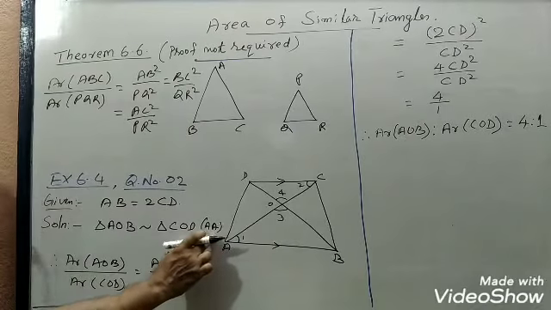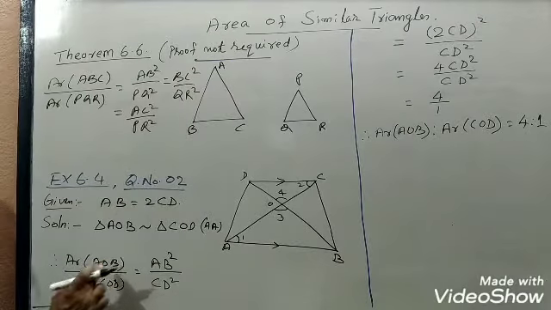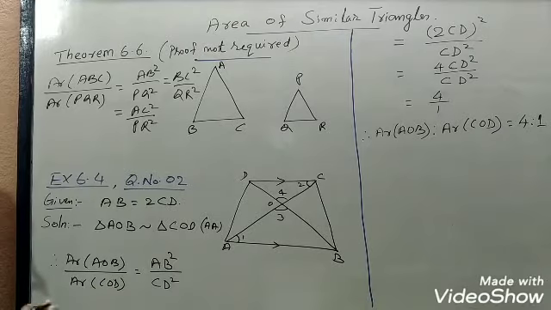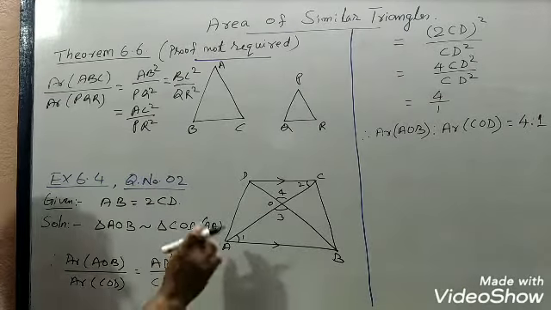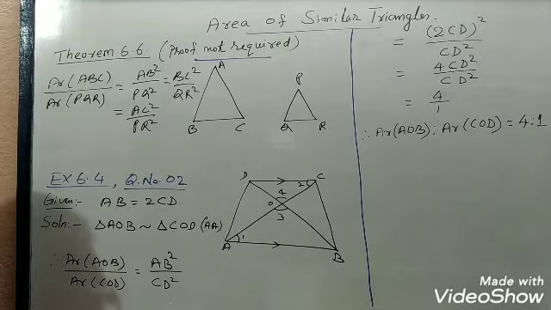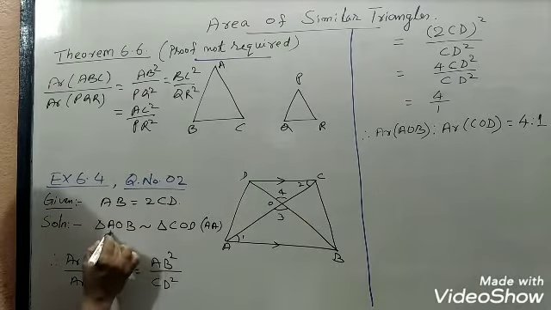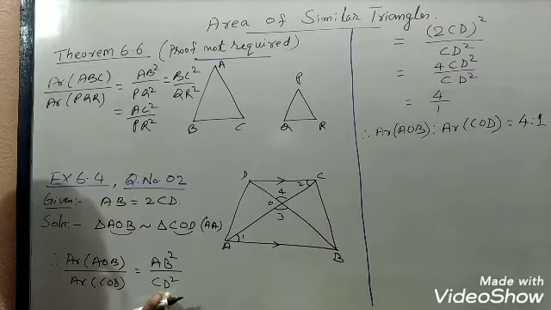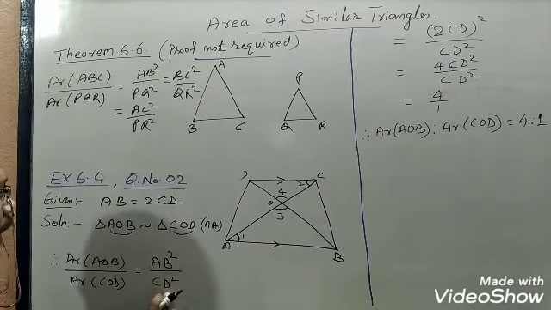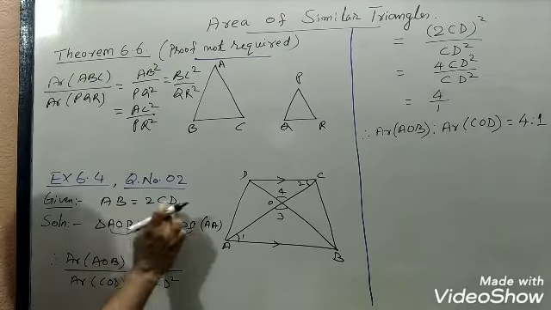So we can apply the theorem. Therefore area of triangle AOB by area of triangle COD will be what? Applying the theorem, it will be equal to the squares of the corresponding sides. So let us take the corresponding sides as AB and CD. So AB square by CD square we can write. But here you know that AB is equal to 2CD.